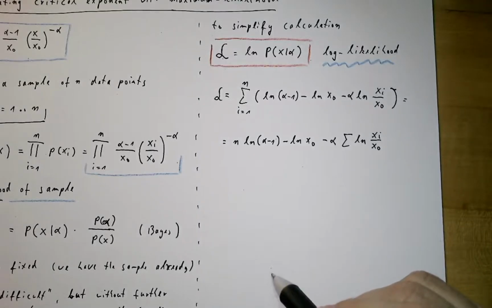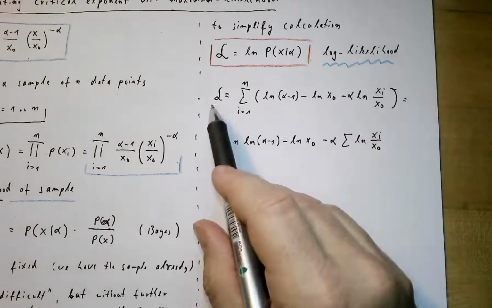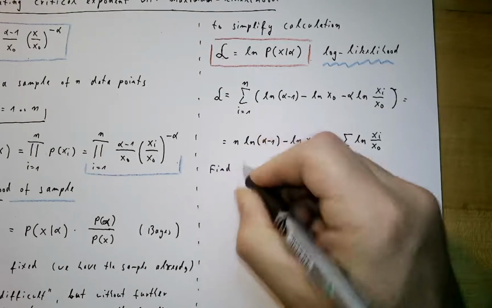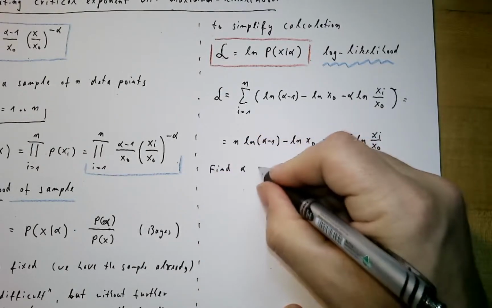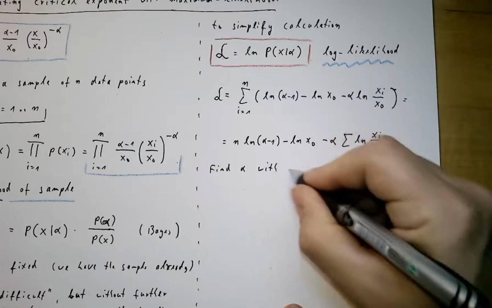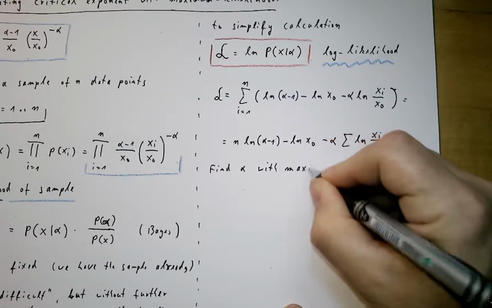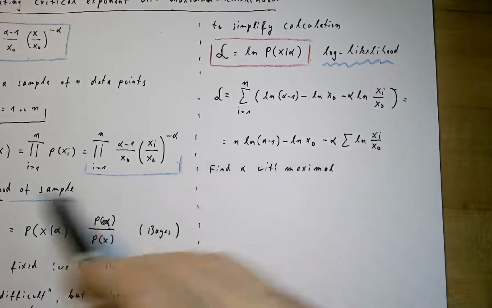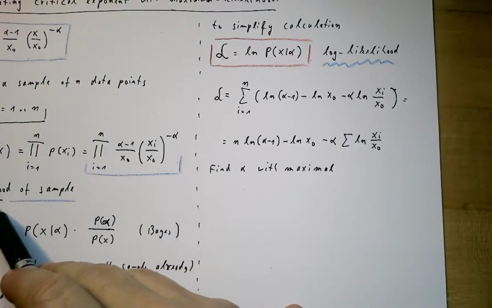And now we want to maximize this. So we want to find this parameter alpha with maximal likelihood.